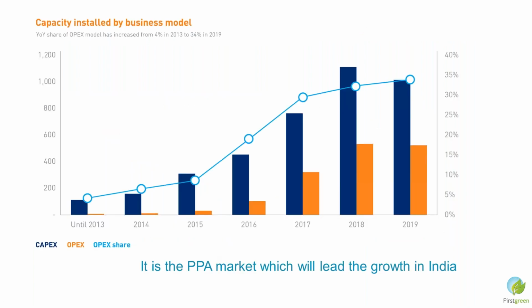We will discuss the issues with this segment. The annual capacity which we are installing, the market can also be divided into 2 categories: the capex market and the opex market. The capex market is smaller because not many people are interested in putting their money into projects, especially in the commercial and industrial segments.